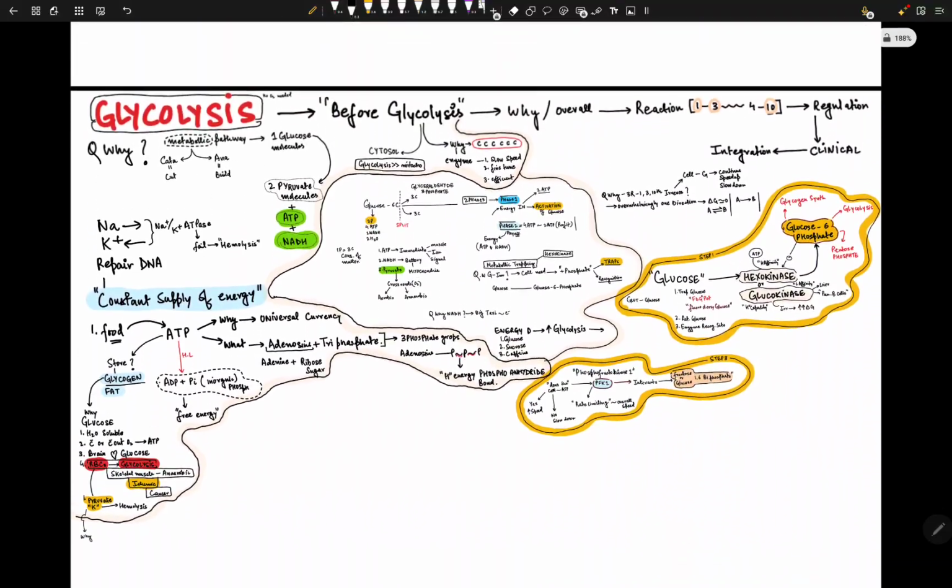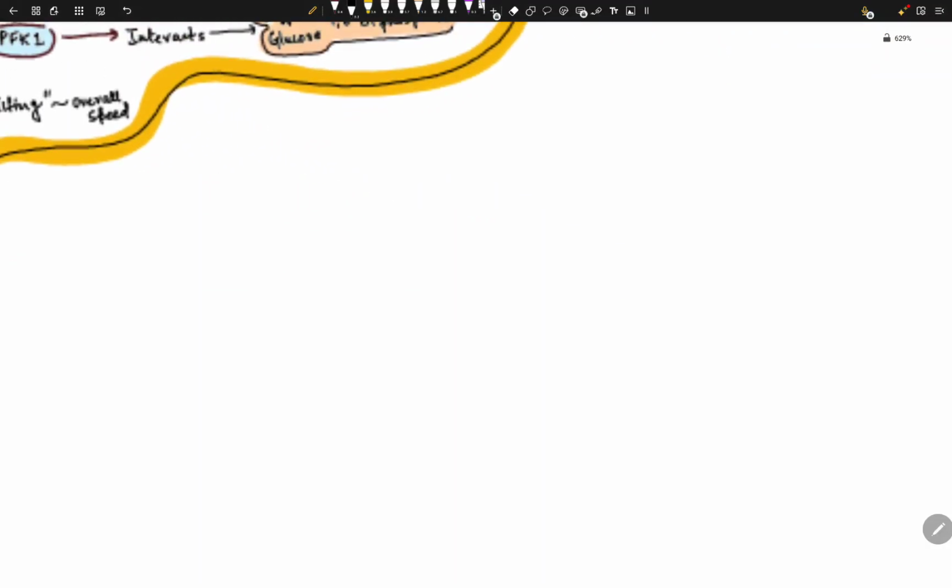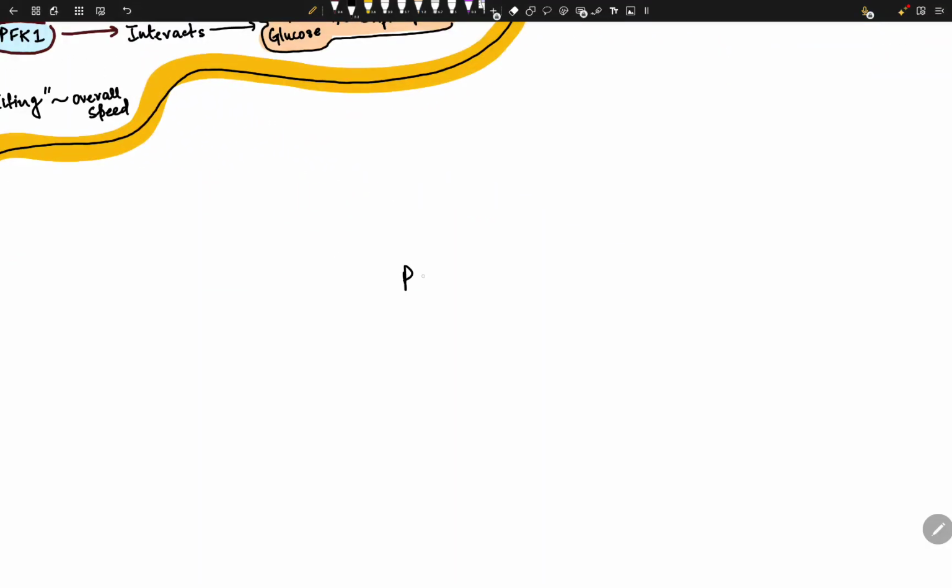If you do not have glycolysis, your RBCs are going to burst and die. Why are they going to burst, Shashwat? Because the Na-potassium ATPase is going to fail, and then we're going to have hemolysis, right? So pyruvate kinase, that's the final irreversible step.